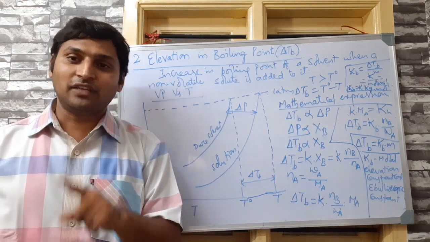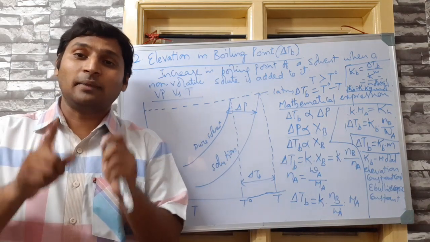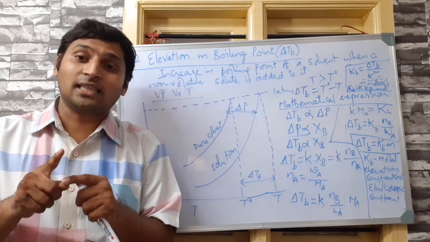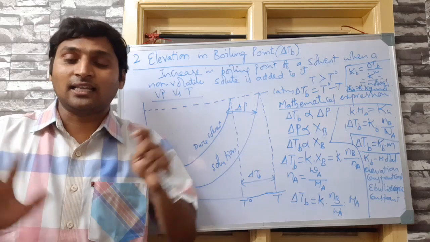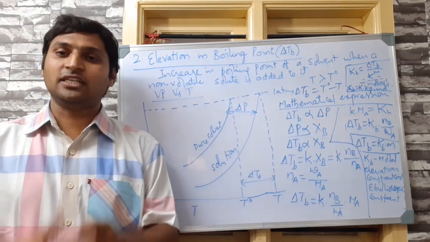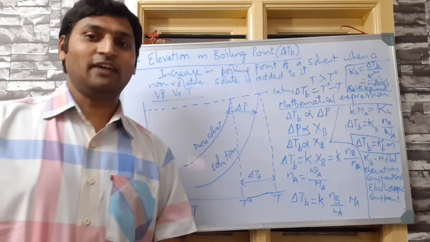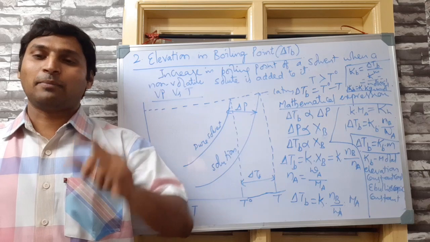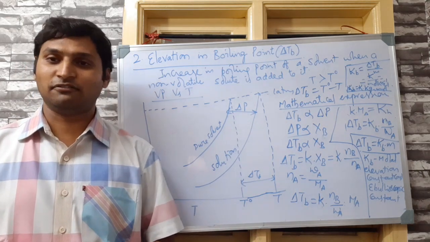So irrespective of the nature of the solute, since molality is same, delta Tb value is same, that means the property value depends only on the number of particles of solute in the solution, not on the nature of solute. That's why delta Tb or elevation in boiling point is a colligative property. Now what are we left with? How do we determine molar mass of solute using elevation in boiling point? That is what we are left with now.